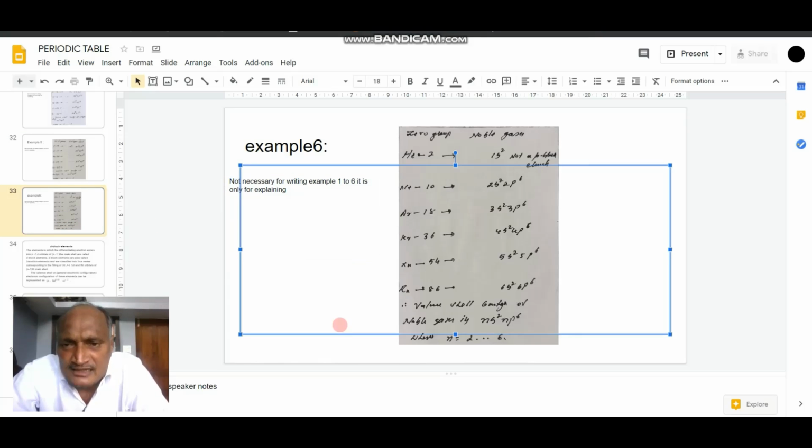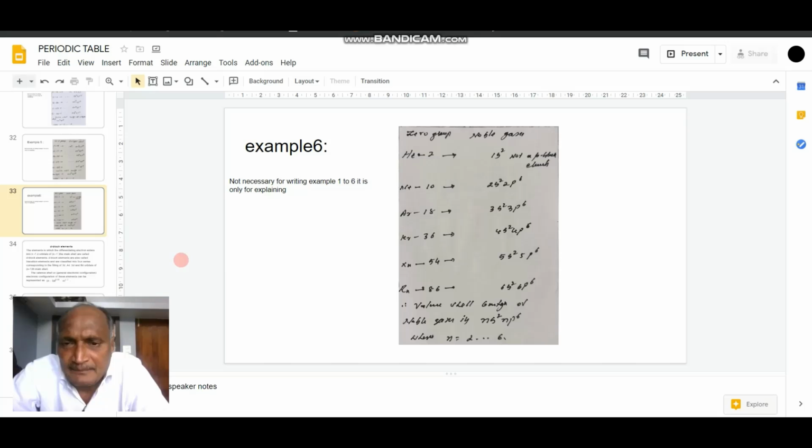Coming to the last group, that is zero group of the p block elements. As we know, the elements are arranged in the modern periodic table on the basis of electronic configuration, and elements are also divided into s block, p block, d block and f block, depending upon the nature of the valency electron which it enters. So coming to the noble gases, that is the zero group of the periodic table.